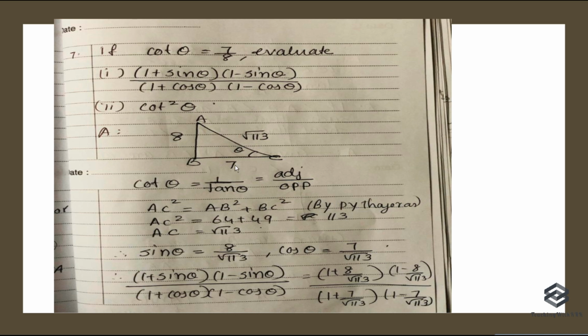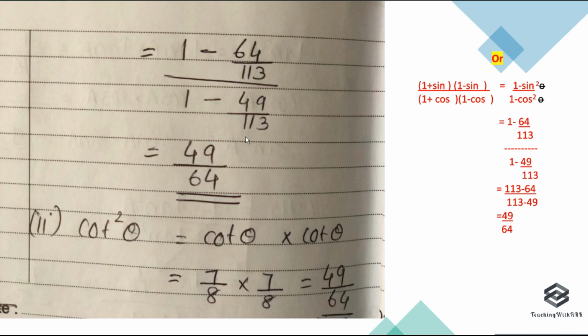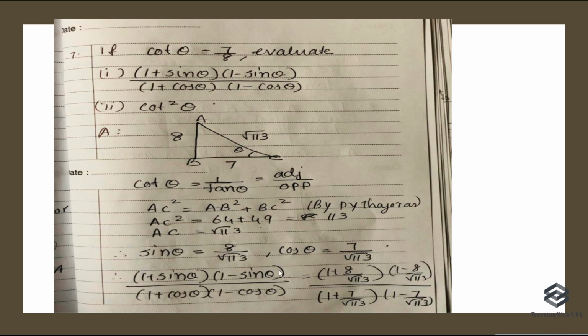Cos theta equal to 7 by square root of 113. Cos theta is adjacent side by hypotenuse. So 7 by root 113. Substitute these values here. 1 plus 8 by root 113, 1 minus 8 by root 113, divided by 1 plus 7 by root 113 into 1 minus 7 by root 113.